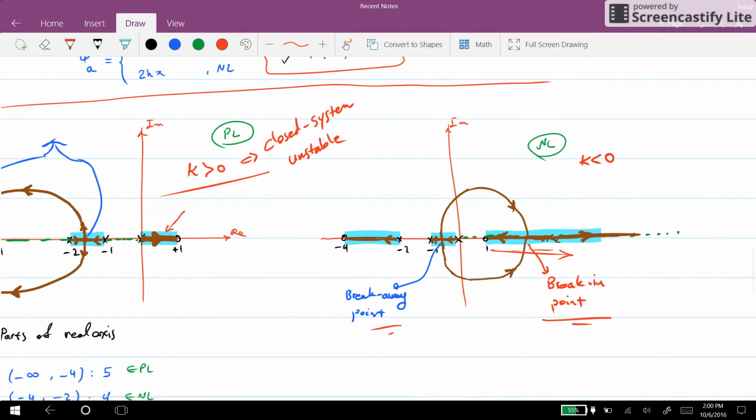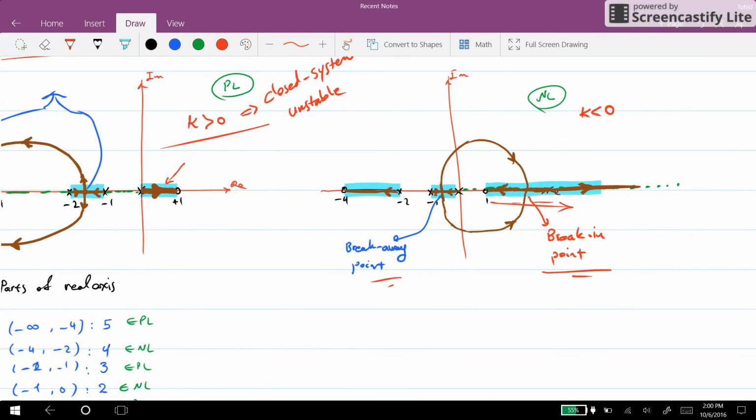Looking at the negative locus, we see that starting from k equal to 0 and moving towards minus infinity, at some point for some value, we will have our system stable because we will have two poles here and one pole somewhere around here.